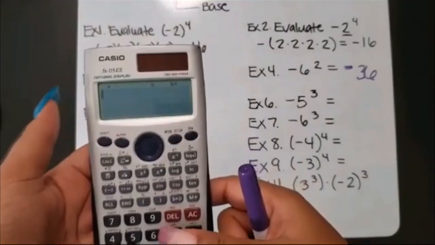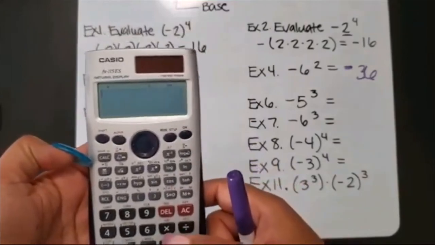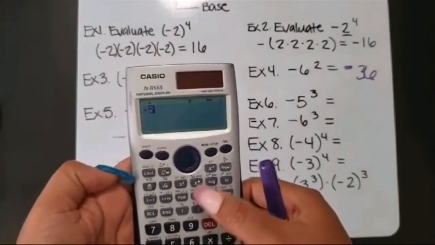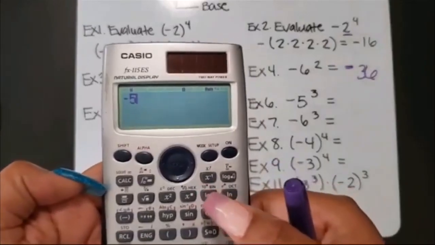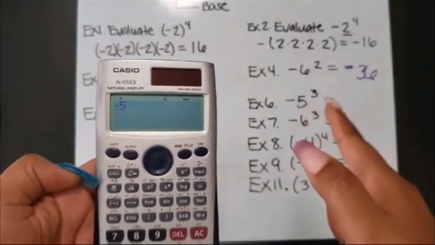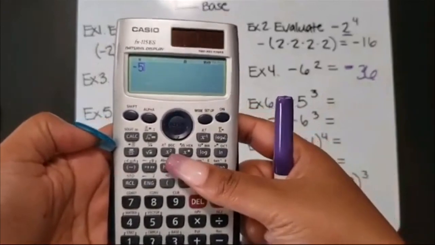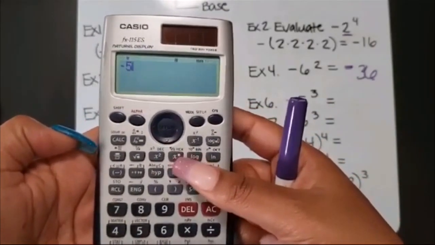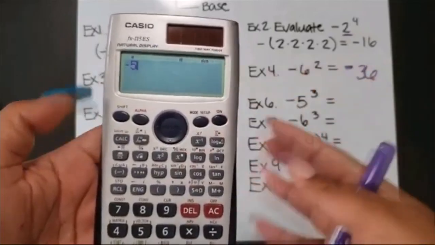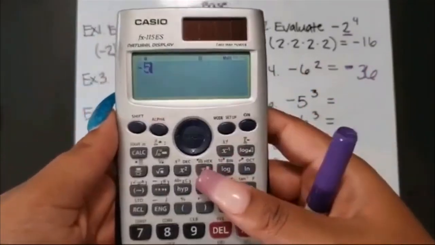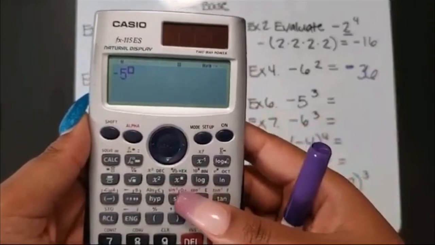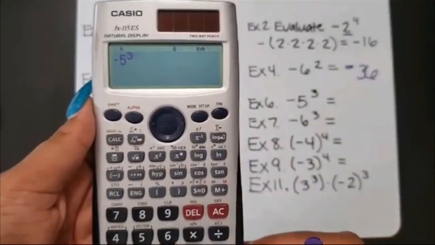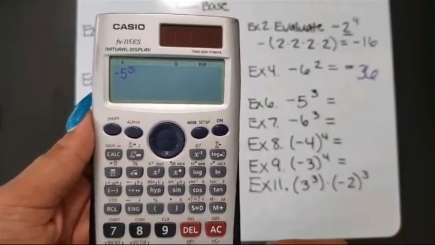All right. So for number 6, I'm just going to type it in the calculator. And because we have it cubed now, I can't use this button. I have to use this button, which has X to the blank, meaning that I can fill it in with whatever. So when I hit that button, it gives me a little box, and I can put a 3 in there. Okay?